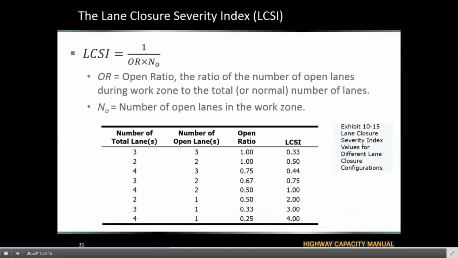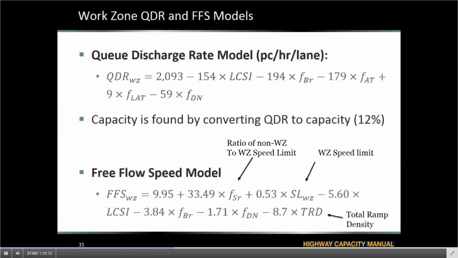Speaking of lane closure severity index, it basically accounts for the number of lanes plus the open rate, the number of lanes that are open compared to the previous number of lanes. As you may have noticed, a 2-lane closure work zone for a 3-lane freeway versus a 5-lane freeway will have a different impact, and this impact has been taken into account by LCSI.